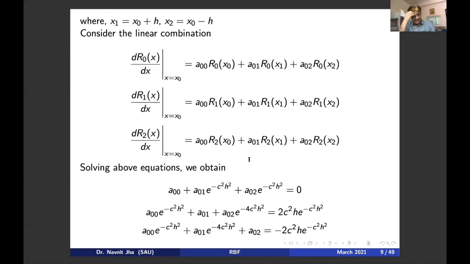Please see, there is a simple nomenclature of the points. I have written a straight line because I am discussing a one-dimensional problem. So I have a straight line, and there is a point x0 that lies in between, and x1 is towards the right and x2 is towards the left.